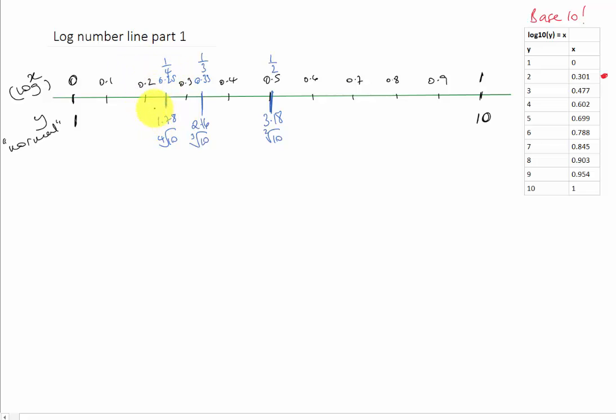So the log in base 10 of 2 is equal to 0.301. So that falls just here. So if our y value is 2, then our x value is 0.301, and then 3, log of 3 is 0.477. So that's here.